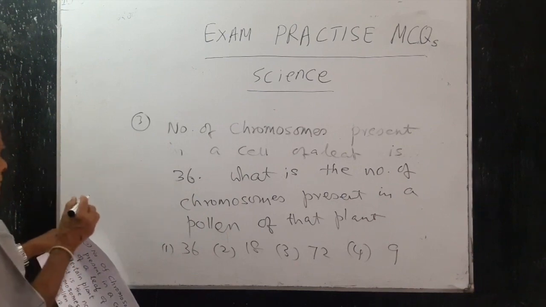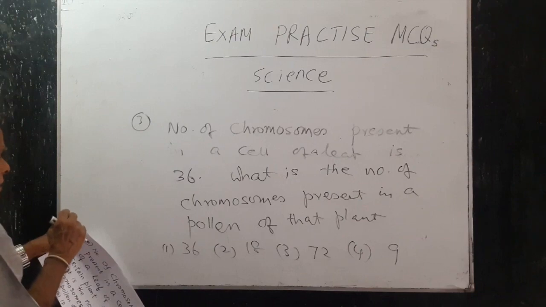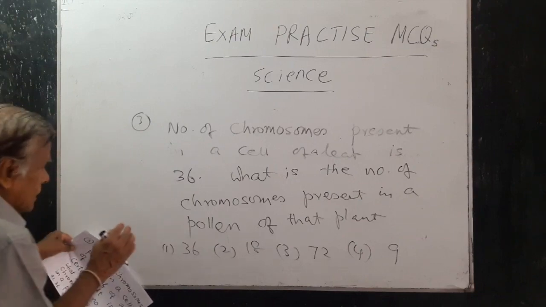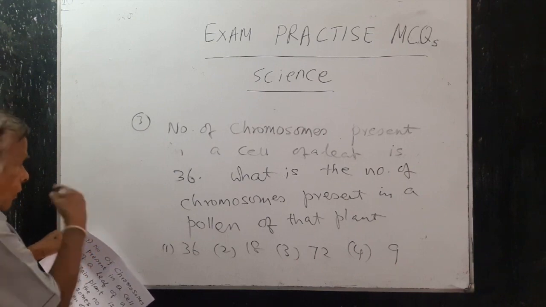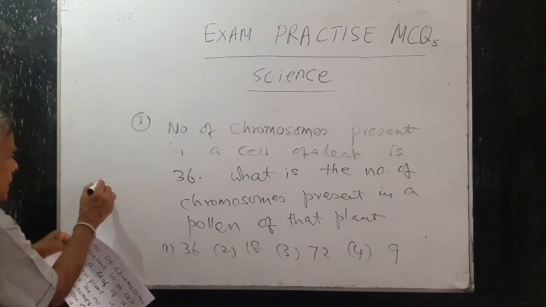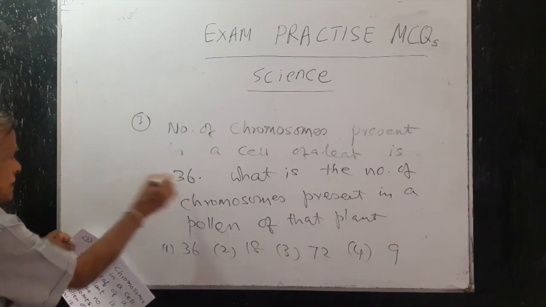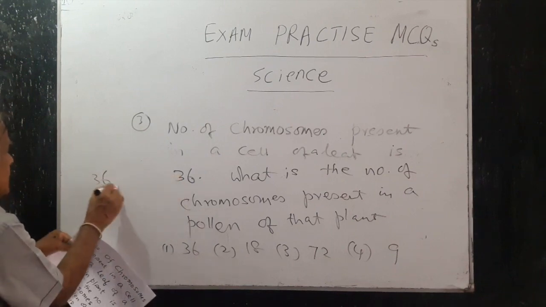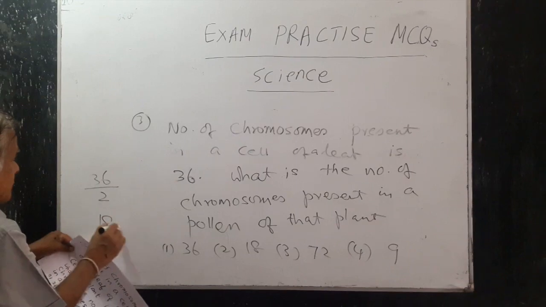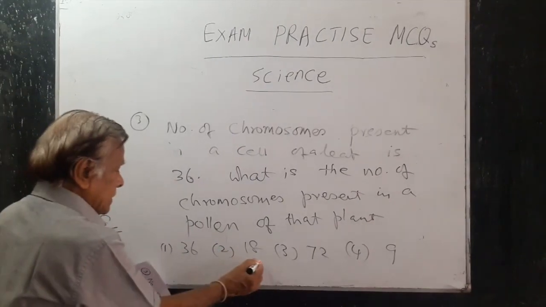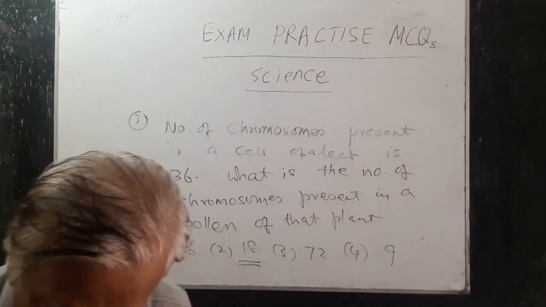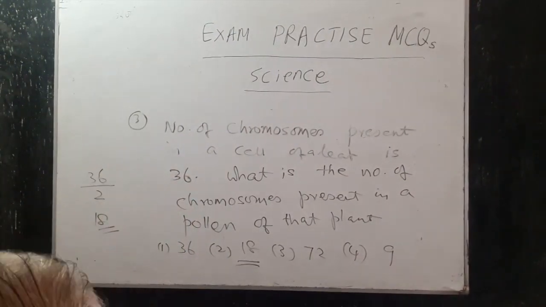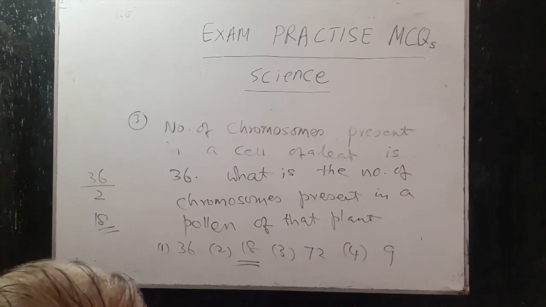But in a gamete, it can be a pollen or an ovule, the number of chromosomes present is half this number. 36 divided by 2 is 18. Second answer, 18.